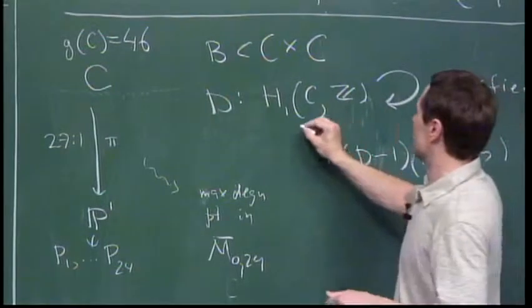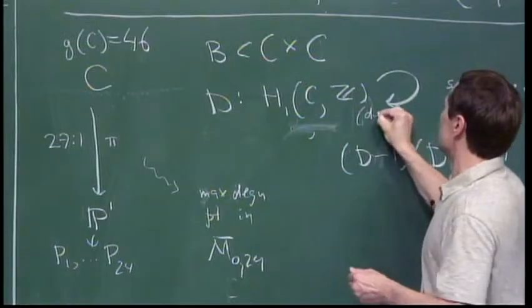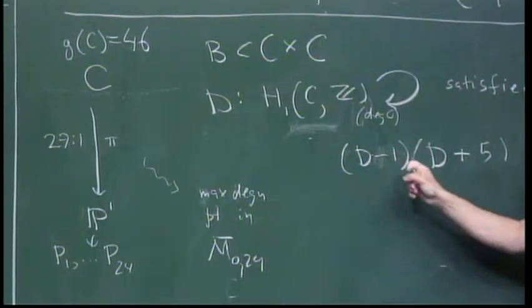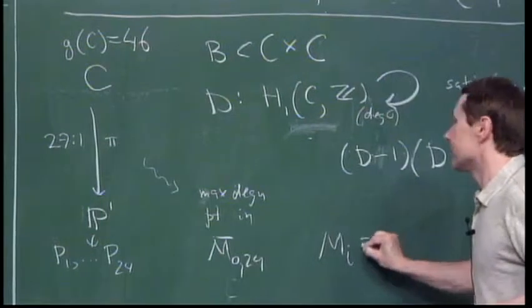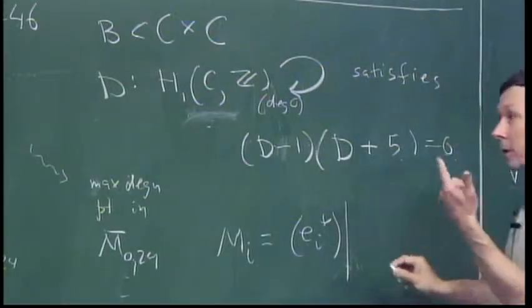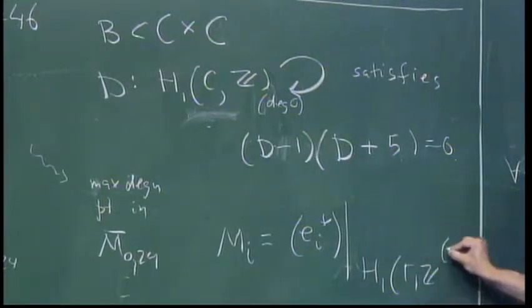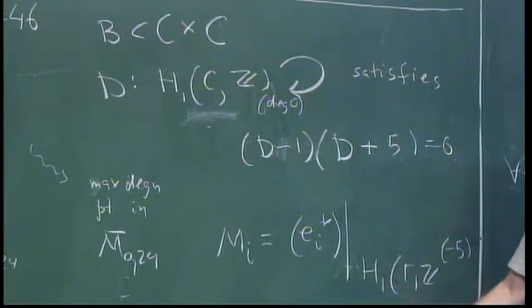So on the degree 0 part of this homology group, the induced endomorphism satisfies this equation. And then the monodromy matrices are, you just restrict those quadratic forms to that -5 eigenspace.